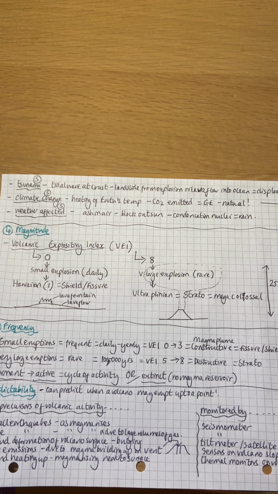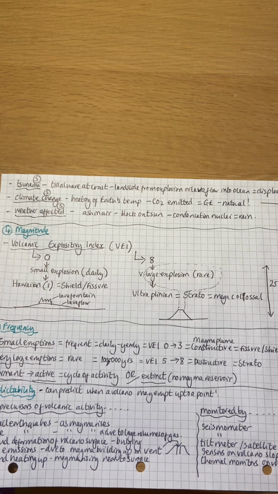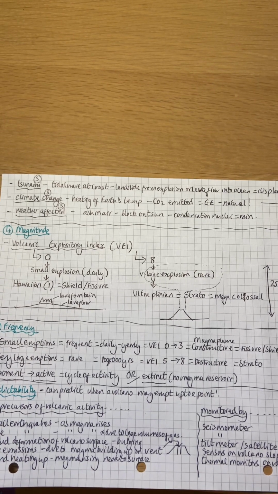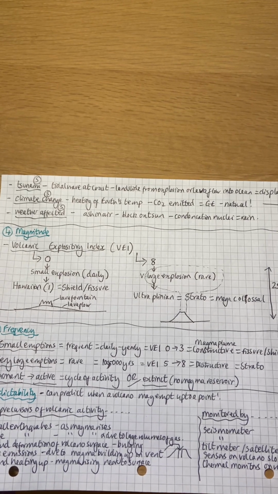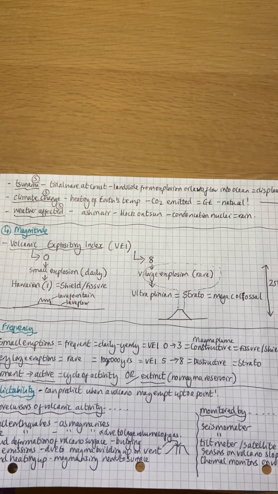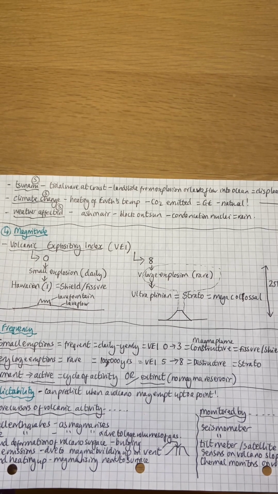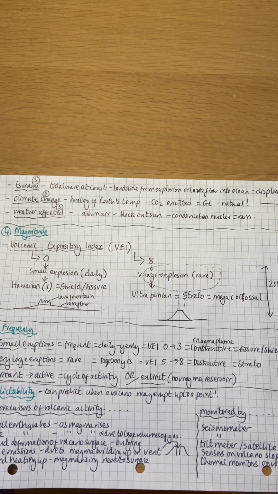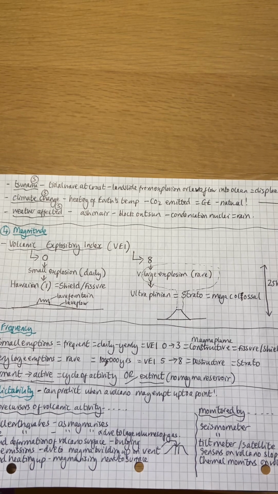Little diagram there, low volcanic shape, so you've just got a slight kind of hill there. Lava fountain shooting out the top. That would be quite characteristic of a low value on the VEI. VEI of 8 though is very, very different. We're talking about a very large explosion, very rare, thank goodness. Name for that is called an ultraplinian.